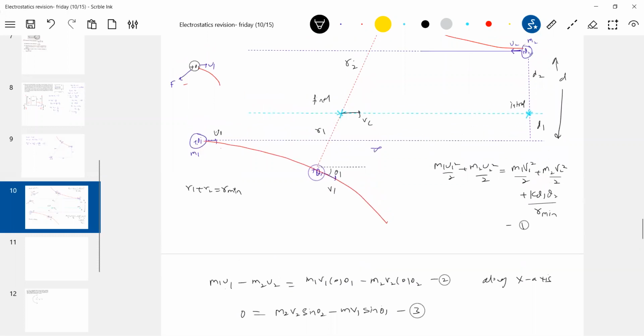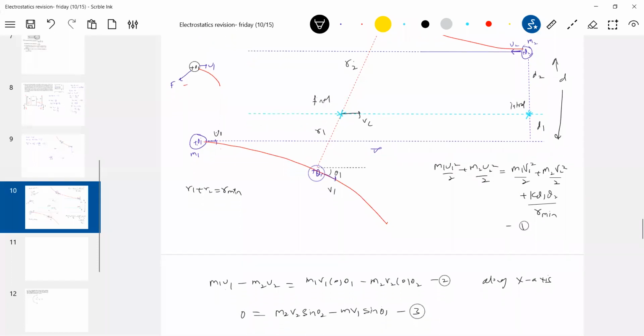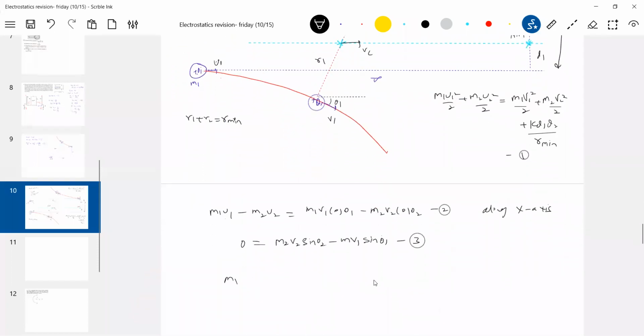Center of mass position: earlier it was m1 d1 equal to m2 d2. Now it will be m1 r1 equal to m2 r2, so d1 by d2 equal to r1 by r2. I think you see so many unknowns are there.